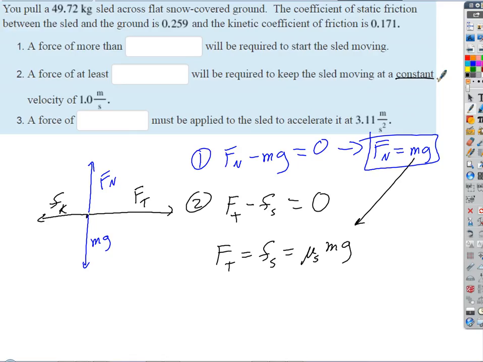Good. Is there a net force? There's not, is there? Because it's constant velocity, so there's 0 acceleration. So the only difference is instead of an S, that becomes a K, right? But it's really the same thing as before. The math all looks exactly the same, with the one exception. I just have to change that to a K.